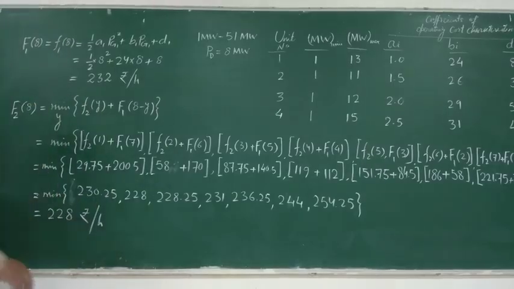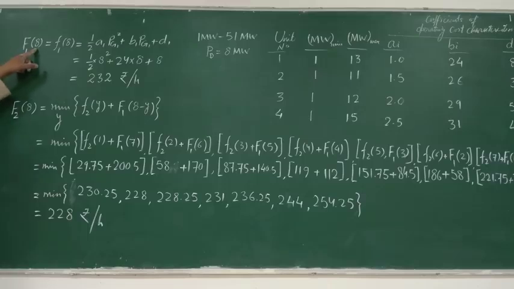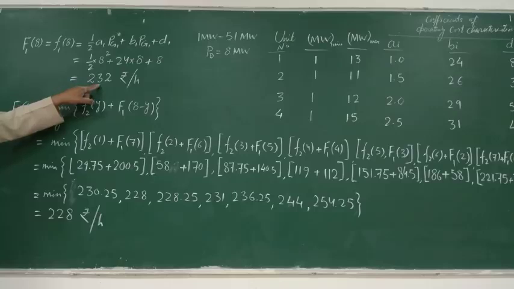But after these steps, we can observe that the minimum cost of generating 8 megawatt by first unit is 232 rupees per hour, which is more than the minimum cost of generating the same demand of 8 megawatt by 2 units, unit 1 and 2.